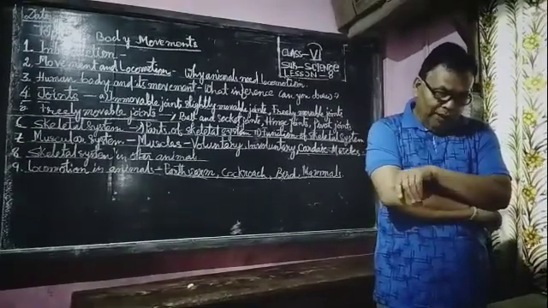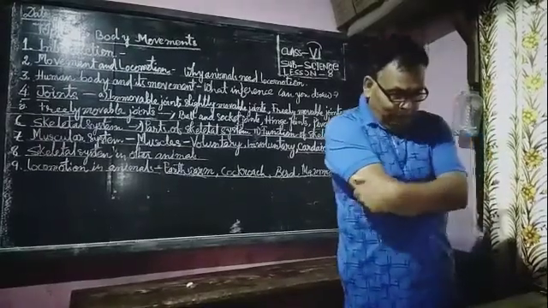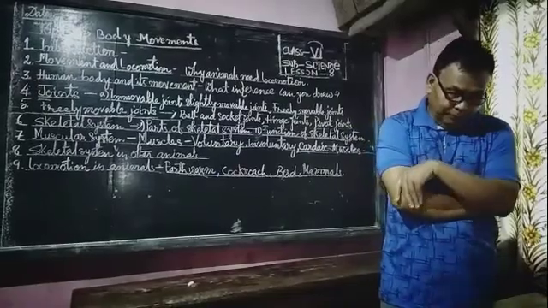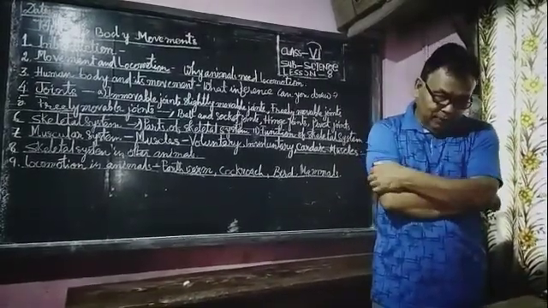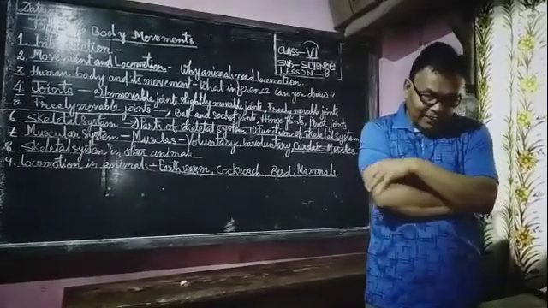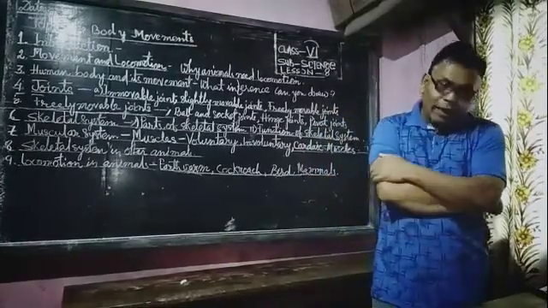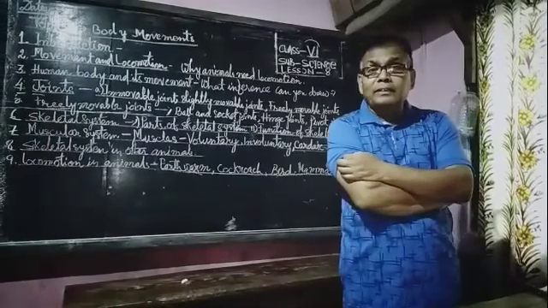To support and protect the organs of the different systems and to keep the body upright, a rigid framework called the skeletal or skeleton system is present. This system also helps in movement shown by living organisms.